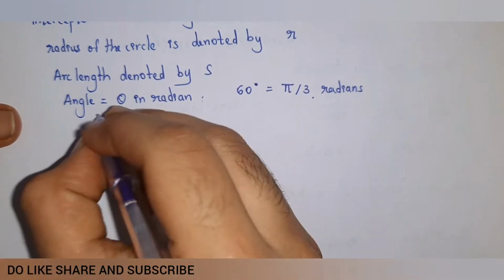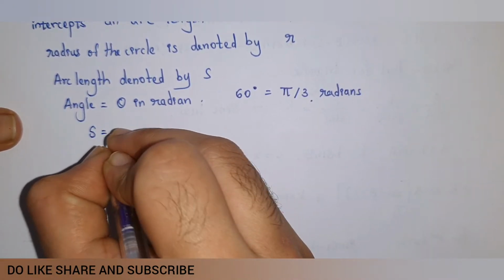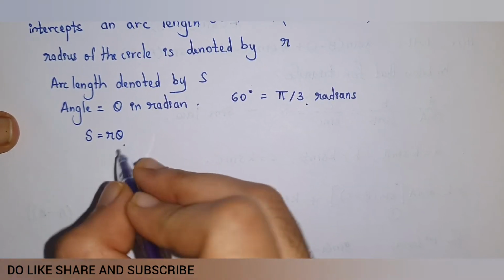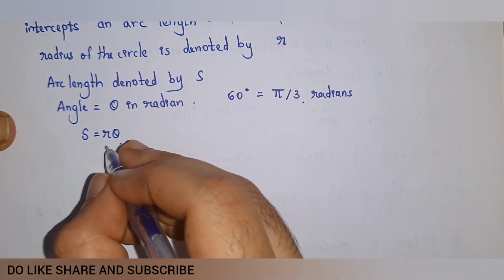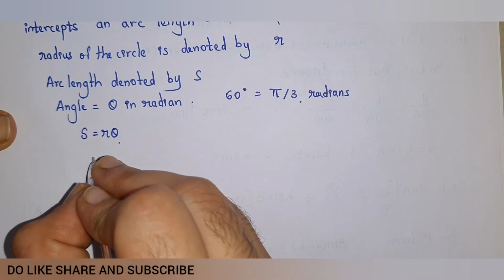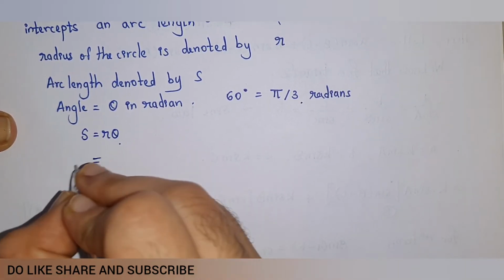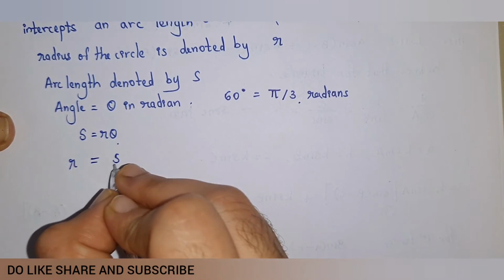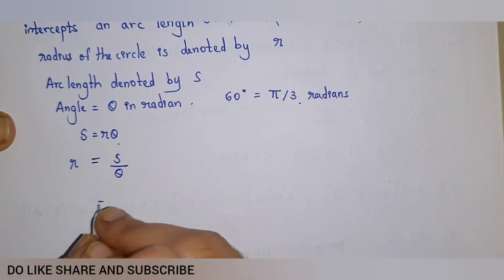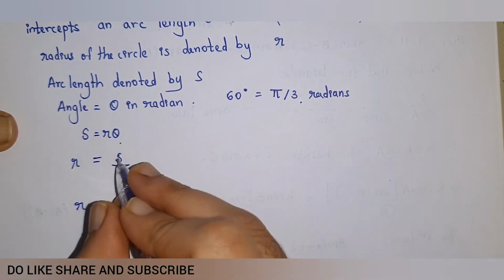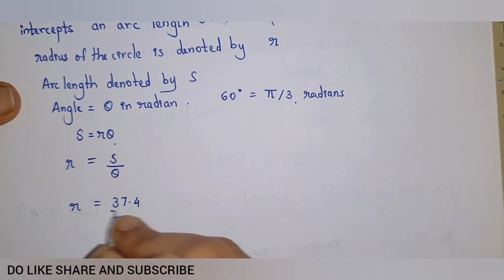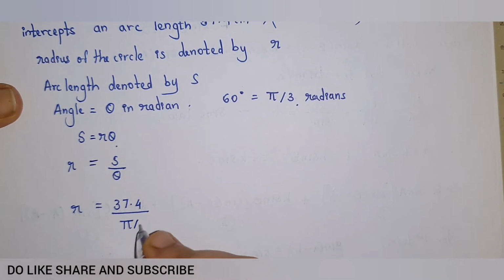Now we know that s is equal to r theta, that is arc length is equal to radius times angle in radian. Now r is equal to s by theta, that will be equal to s is given, that is 37.4, and radian is pi by 3.